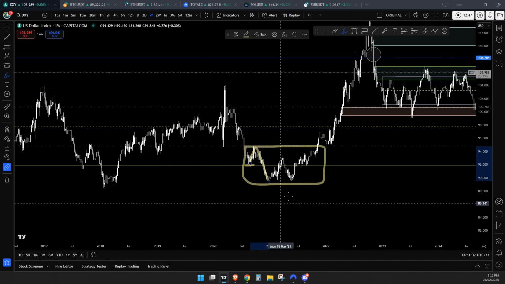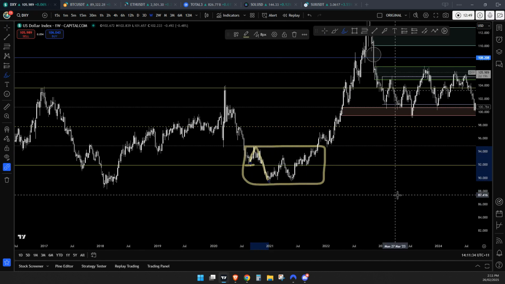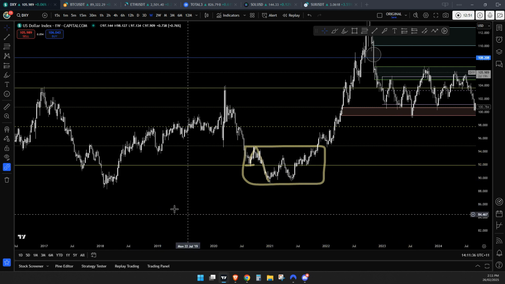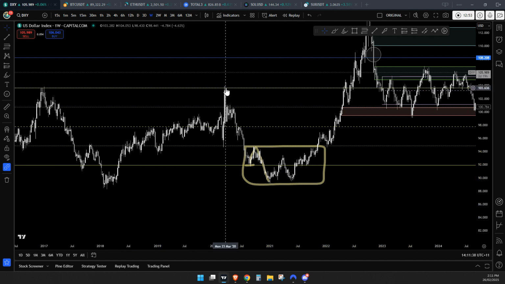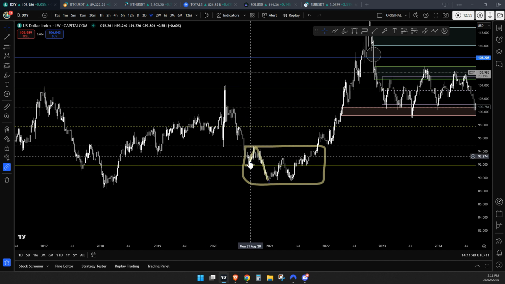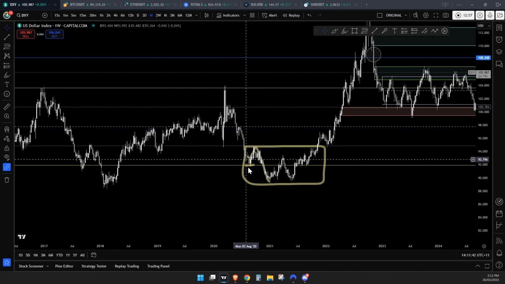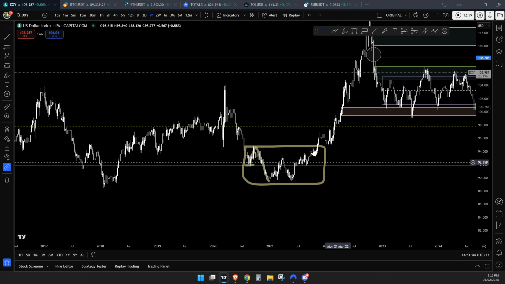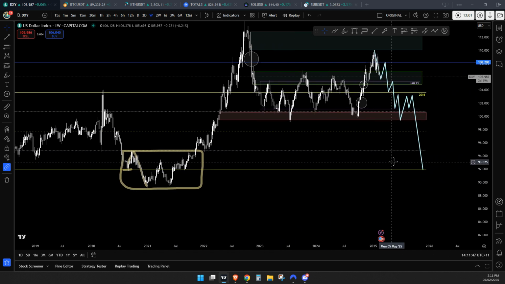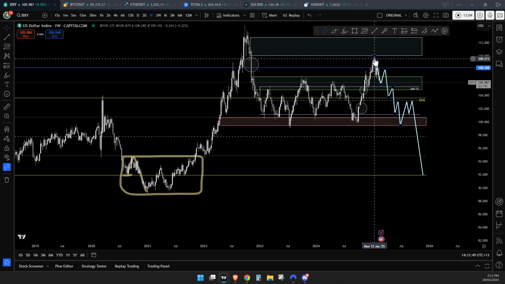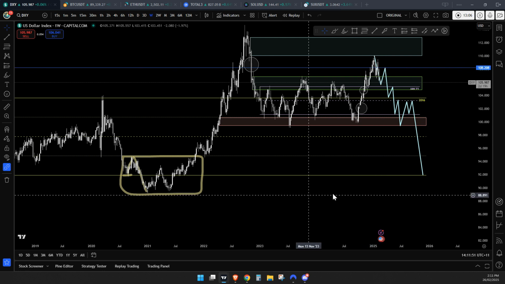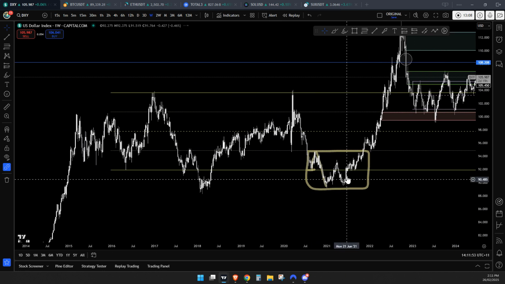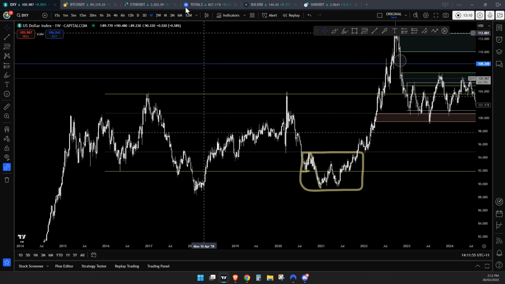Reason being is because we haven't had Dixie start breaking down yet. If you look at this, Dixie's already broken down and it's rotated, it's going sideways at range bottom. We're not at range bottom at this stage. We're at range high. So, the previous cycle acted like the cycle before in terms of crypto, right?